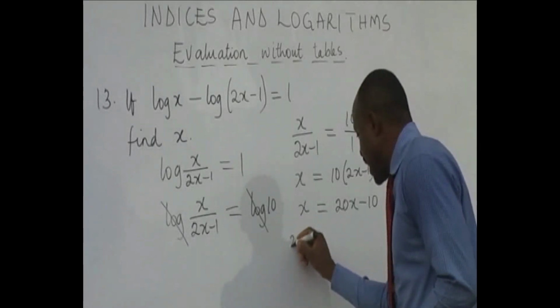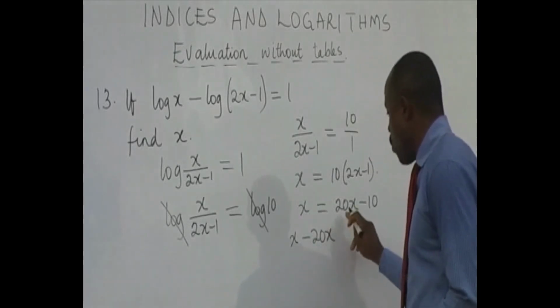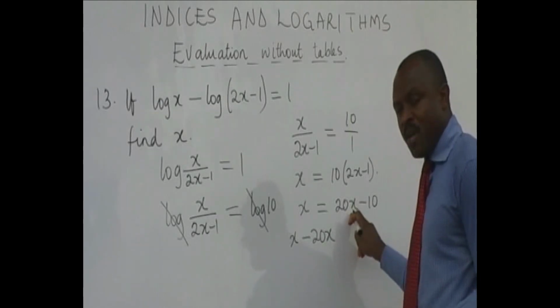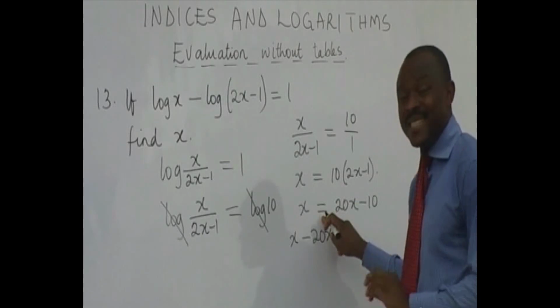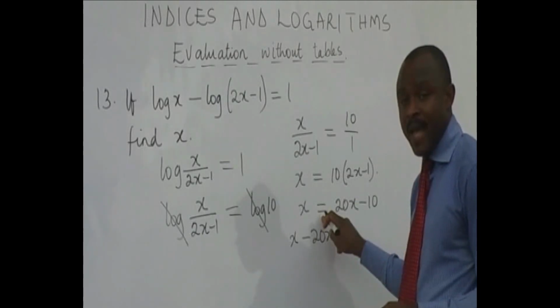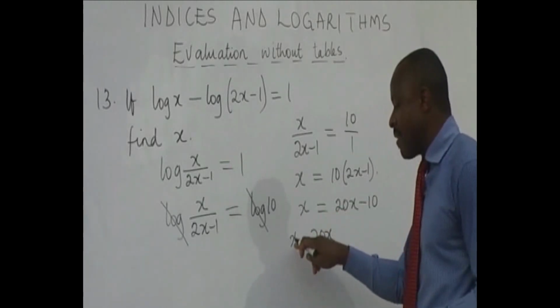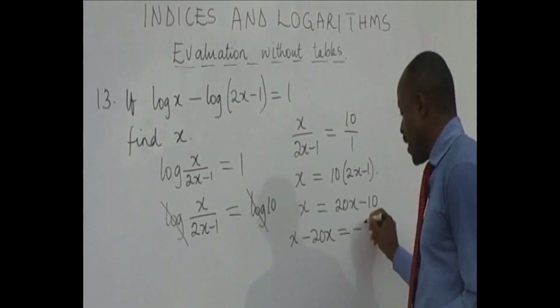That will leave you with x minus 20x. Remember, when positive 20x leaves the right-hand side and crosses the sign of equality, its sign will change from positive to negative. That's why you now have x minus 20x equal to minus 10.